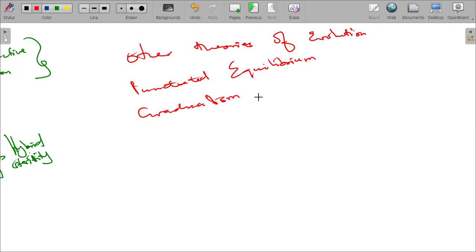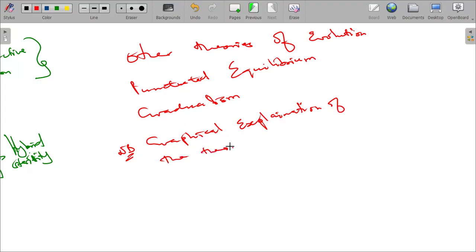In this case, you should also be able to explain the two theories, and also NB, the graphical explanation of the theories must be taken note of.